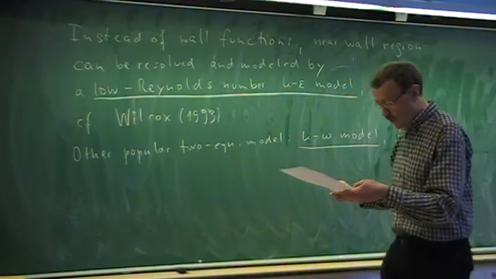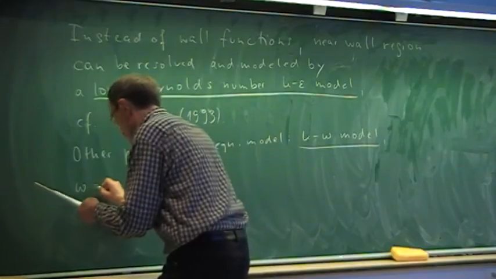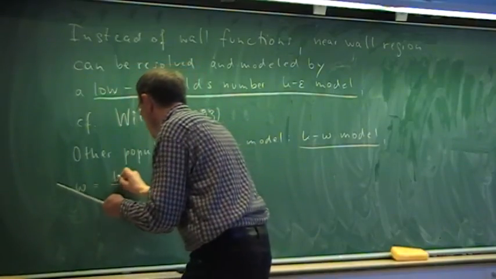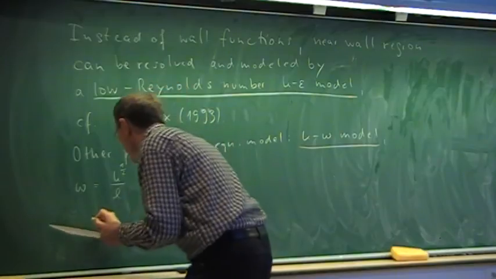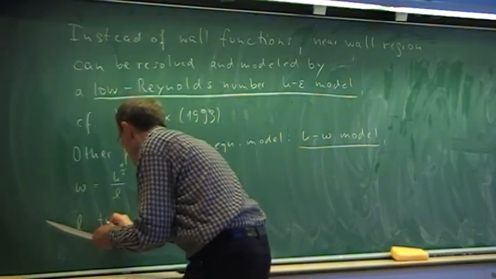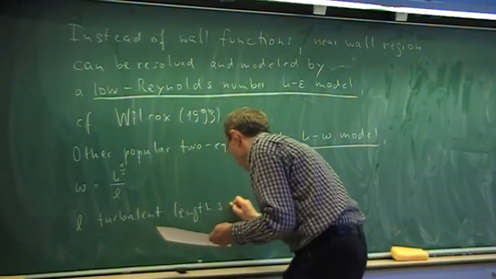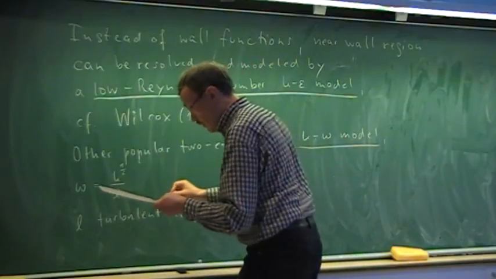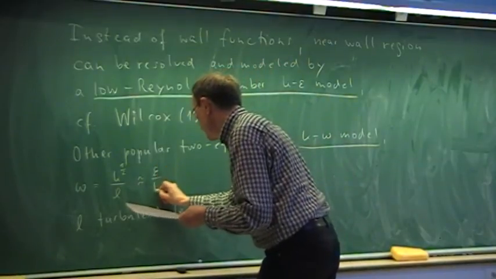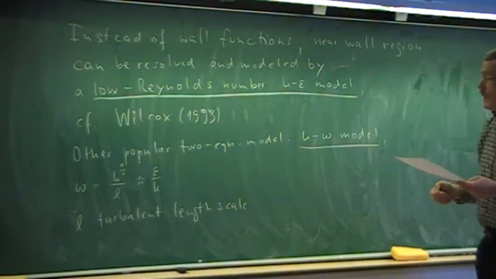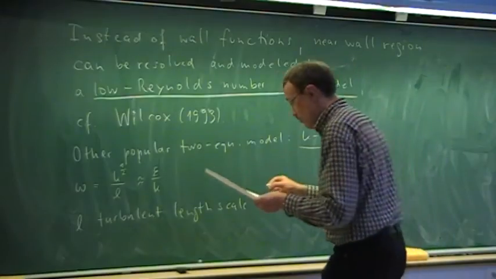In here, the omega is essentially defined as the square root of the turbulent kinetic energy divided by L, where L is a turbulent length scale. It is essentially similar to having epsilon divided by K, and that is the specific dissipation rate.